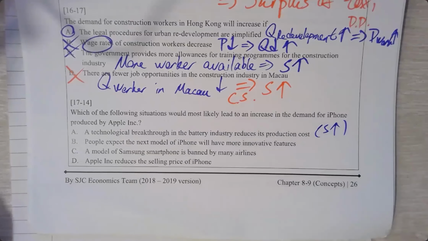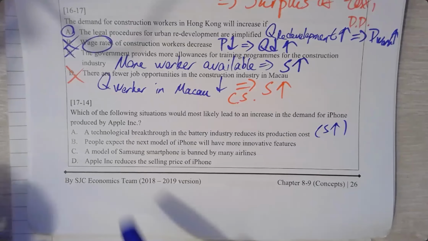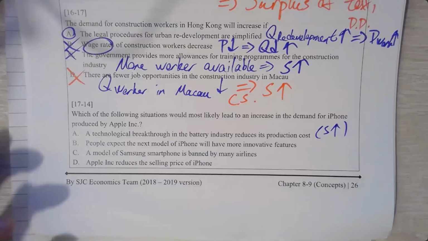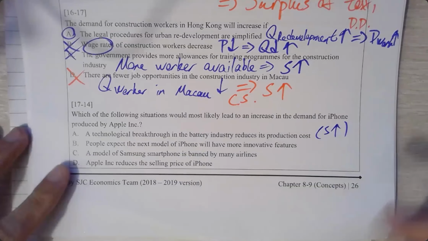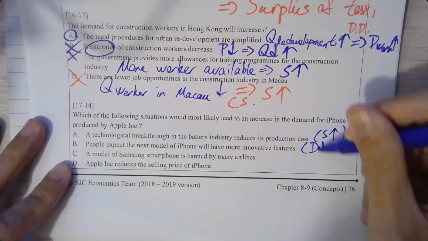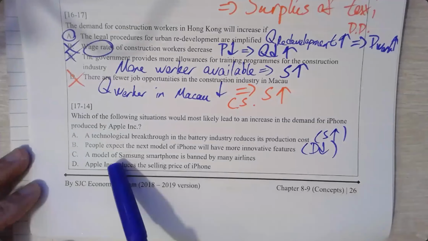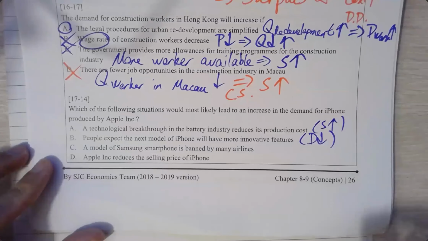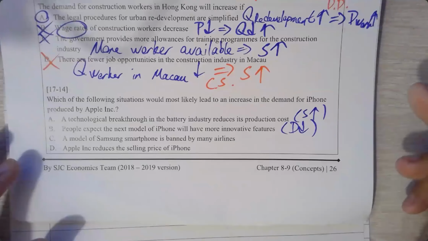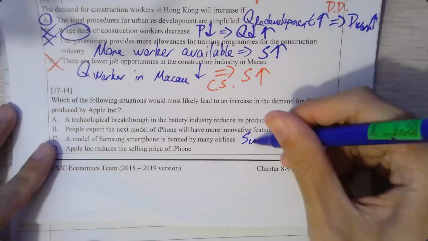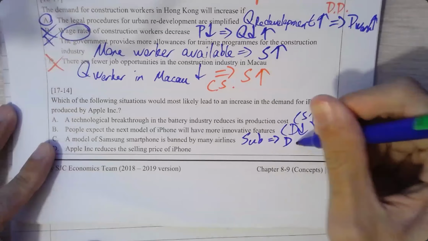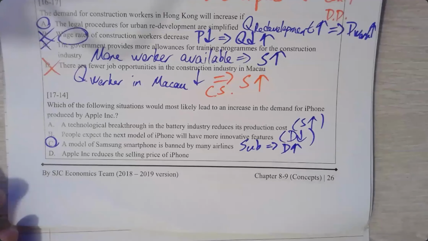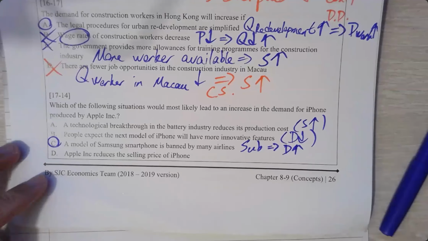with battery，兩個都會爆炸，好唔好？OK 好嘛？嗱，people expect the next model will have more innovative feature。第時嗰部勁啲，咁買唔買呢部啊？梗唔買呢部啦。Demand decrease。A model of Samsung smartphone is banned by many airlines。好啦，Samsung 係咩嚟㗎？呢個 substitute 啊嘛。嗱，therefore demand would increase。Yes, C 係咪啊？我當年點解 ban 啊？爆炸咯，記唔記得啊？Do you remember the model?